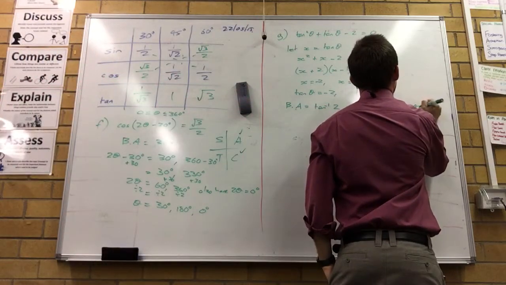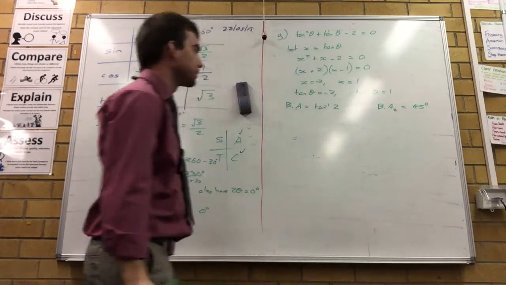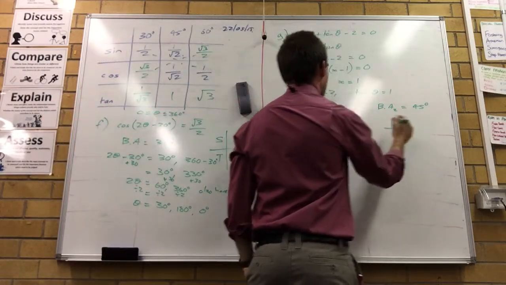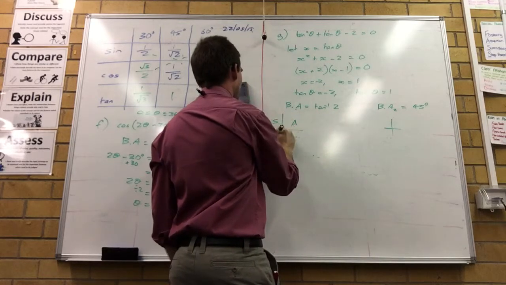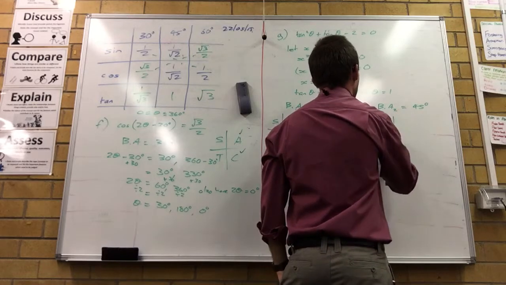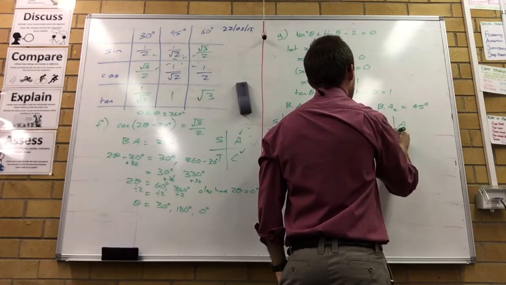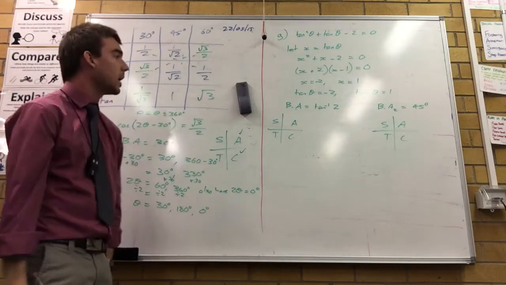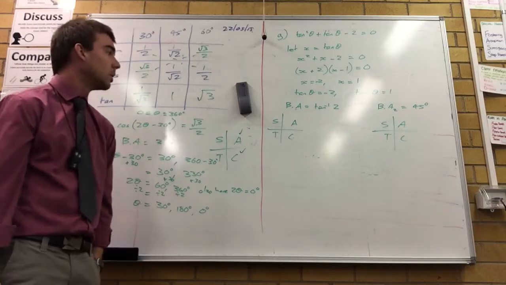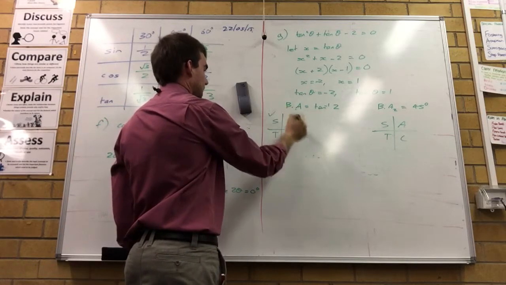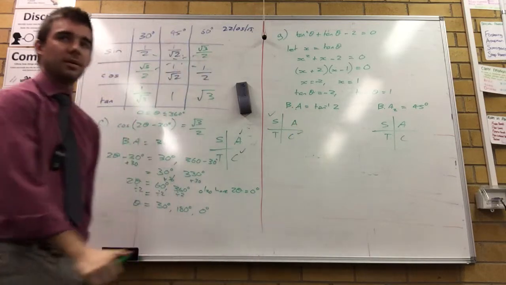So we know that basic angle. The first one, tan of theta equals negative 2. So where is tan negative? Second and fourth only.